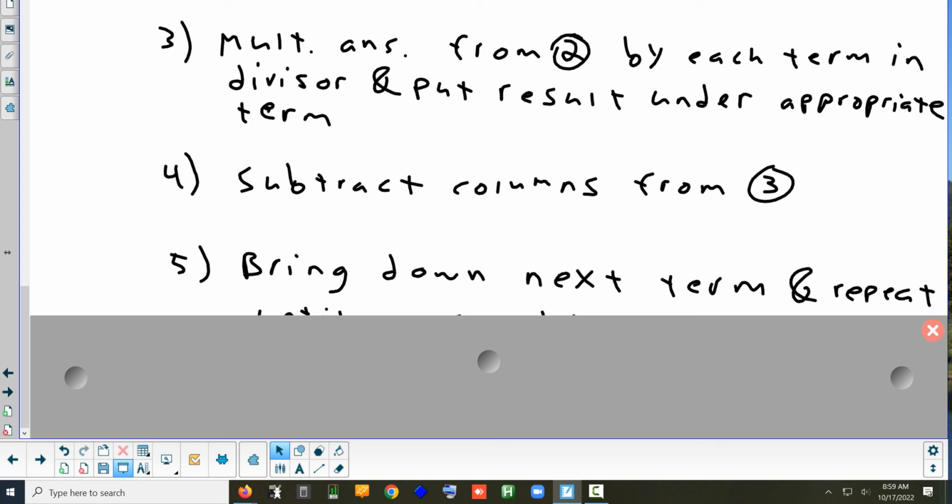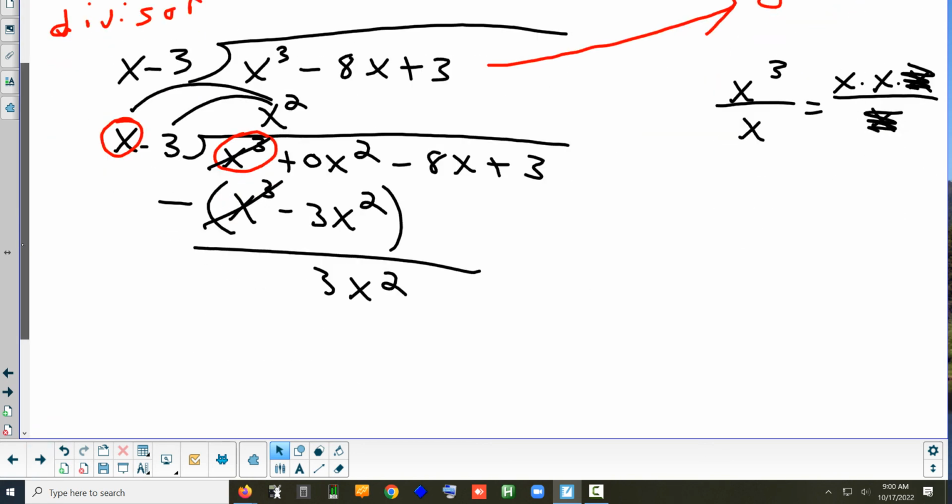And we're going to do another problem like this, so that way we can go through the whole problem without stopping each time to write down steps. So we'll do another one after this one. So let's bring down the next term. The next term is a negative 8x.